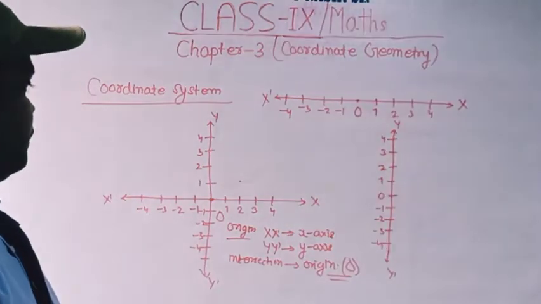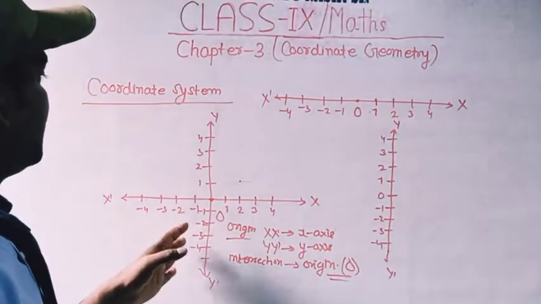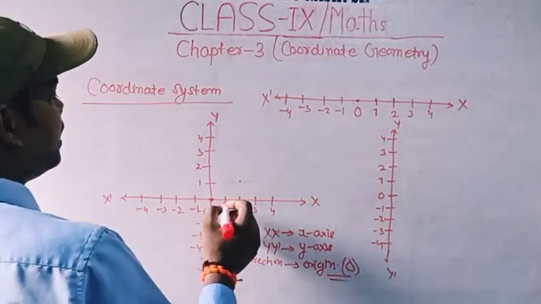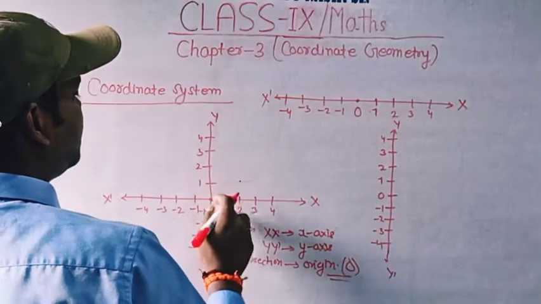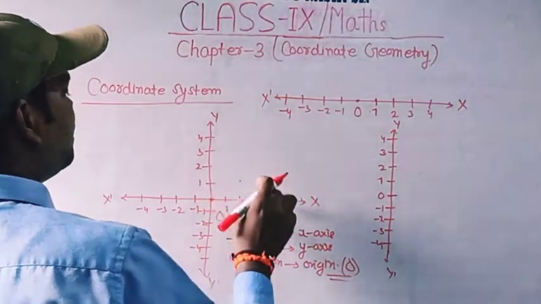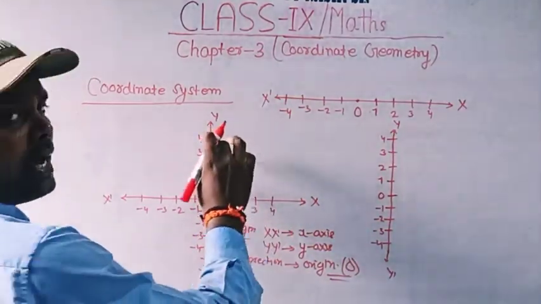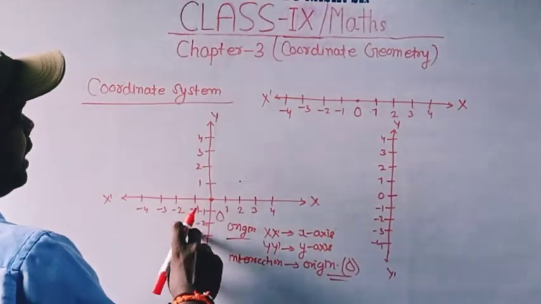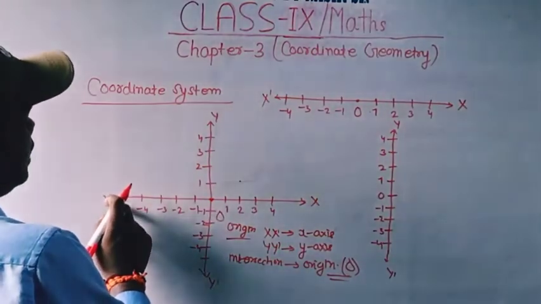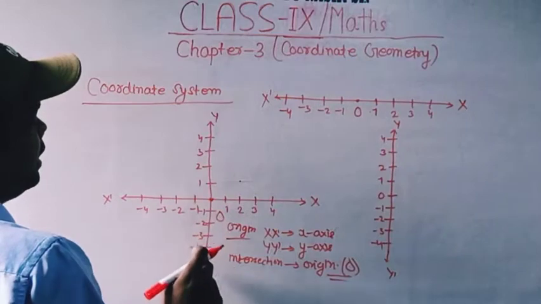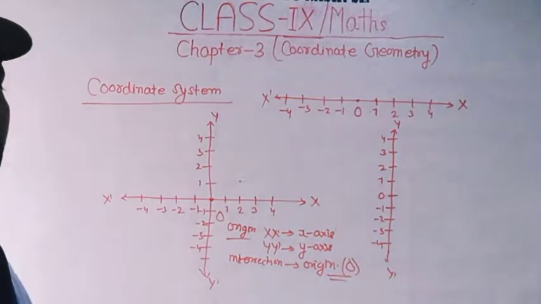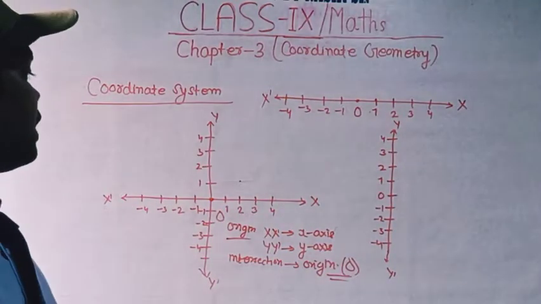Here we can see the number line on OX and OY is positive, so this is called the positive direction of x and y axis. The negative numbers lie on OX dash and OY dash, so this is called the negative direction of x and y axis.